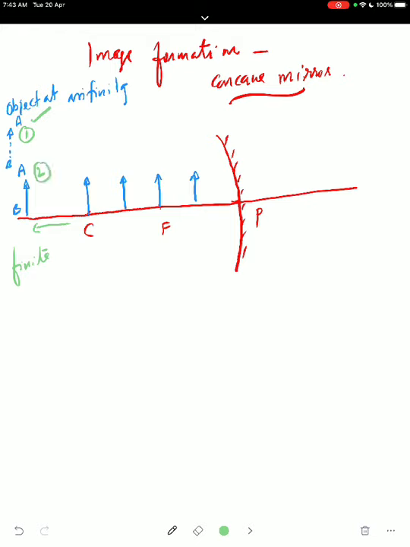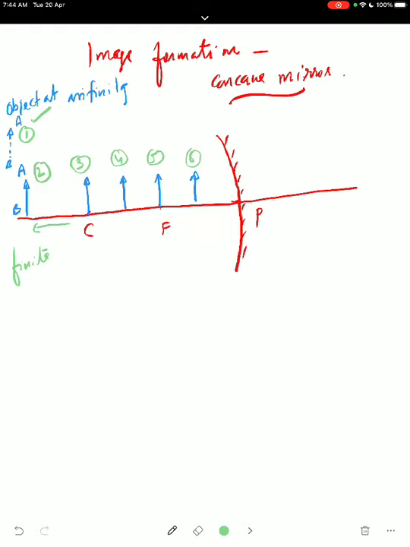Next, the object is coming closer and is now at C. Then the object is between F and C, then at F, and then again closer, between pole and focus. There are 6 cases, and in all 6 cases we are to explain the image formation in the case of a concave mirror.